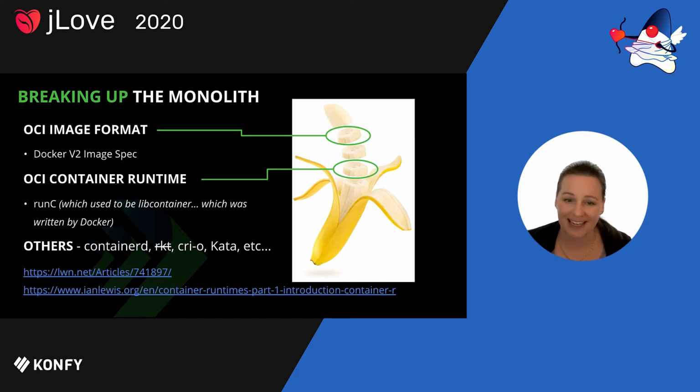There is a website for the Open Container Initiative, and there are links to those specs if you want to learn more about them in detail. There are quite a few other container runtimes you might see out there. Containerd, obviously, is in the news right now. Rocket, sorry, went away. CRI-O and Kata are also interesting ones to look at. They all have various levels of features for specific use cases.